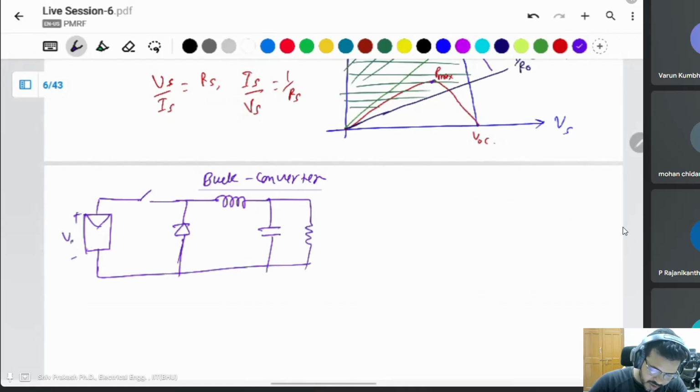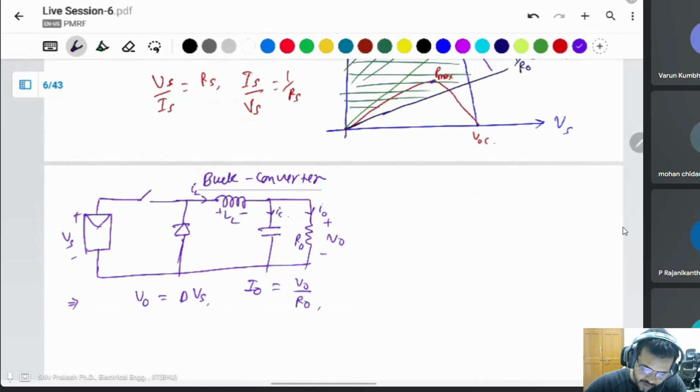Same thing, this will be voltage V naught, this will be R naught, I naught, IL. You know V naught is equal to dVs, and I naught is equal to V naught divided by R naught, and Is is equal to Vs divided by Rs.